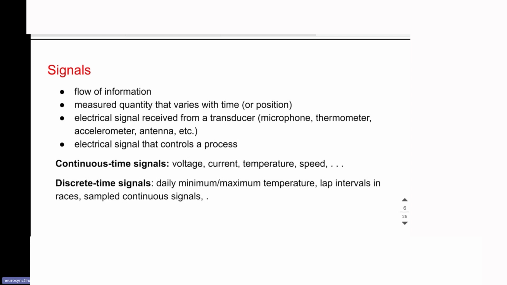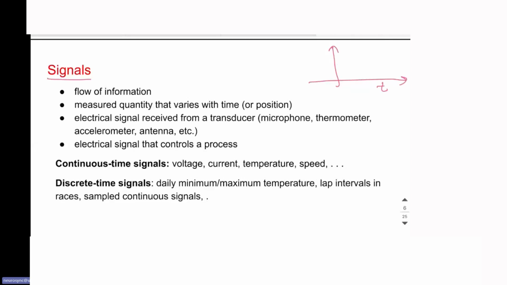Now, what is a signal? A signal is nothing but the flow of information. There is some information stored in the signal. How is this signal defined? Basically, some quantity is measured with respect to time.